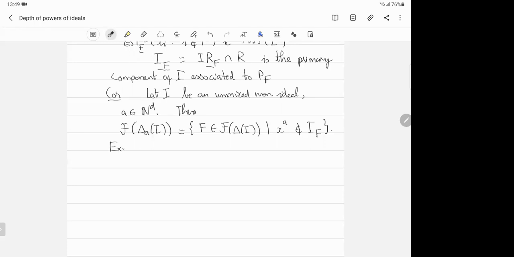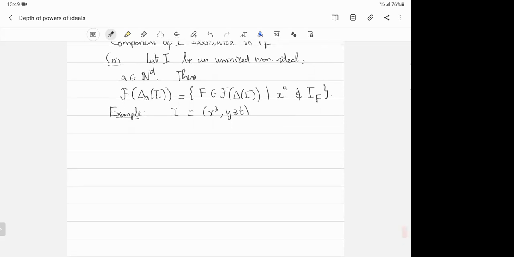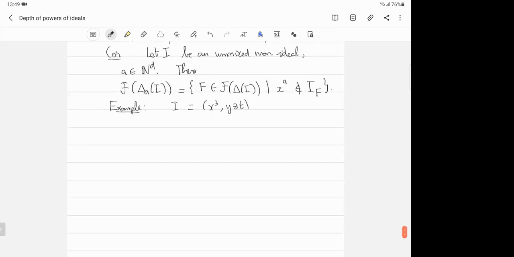Maybe I give an example here for this formula. So we take this monomial ideal.